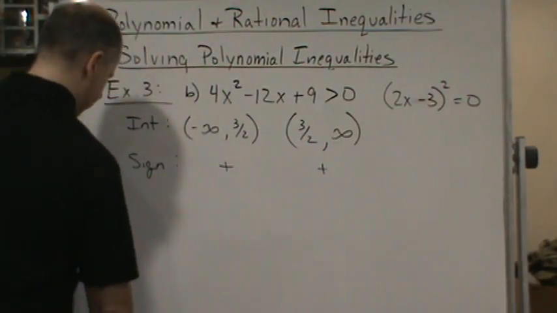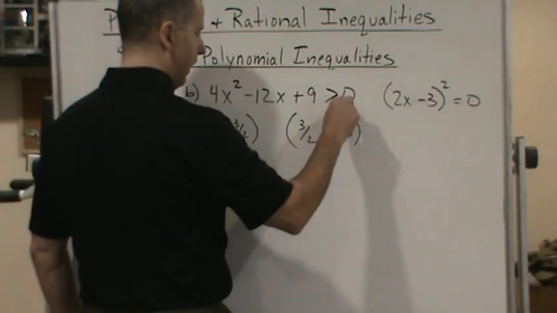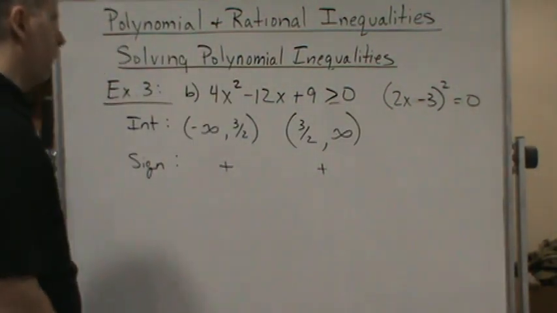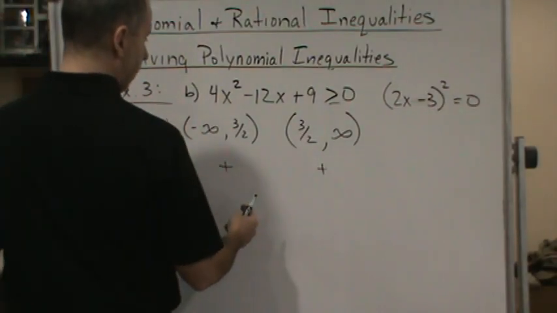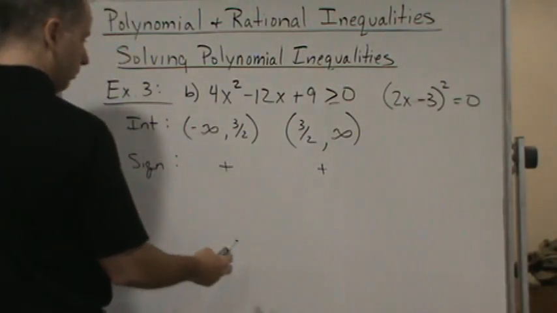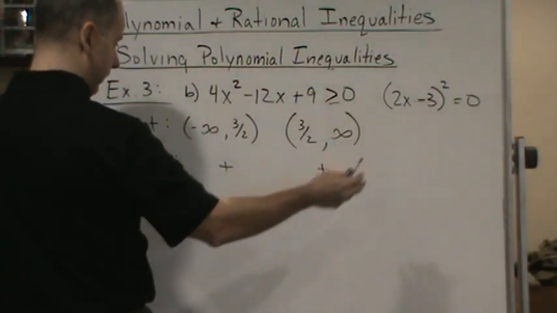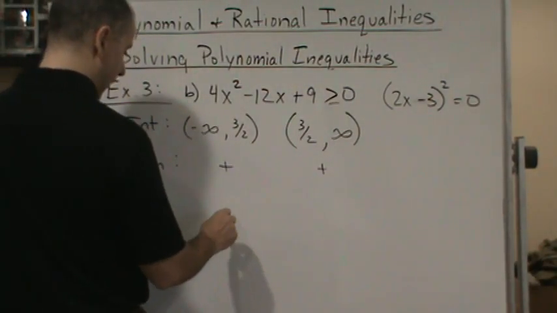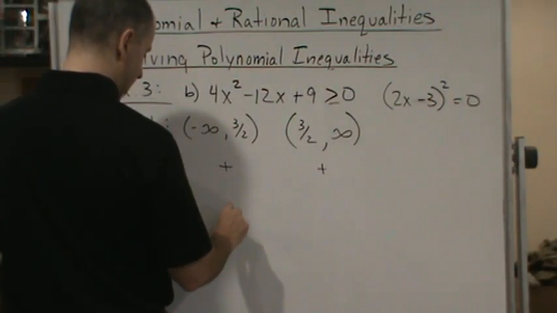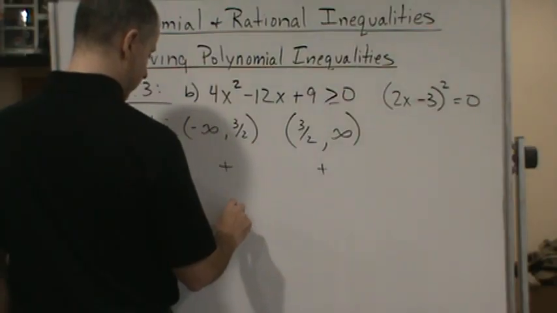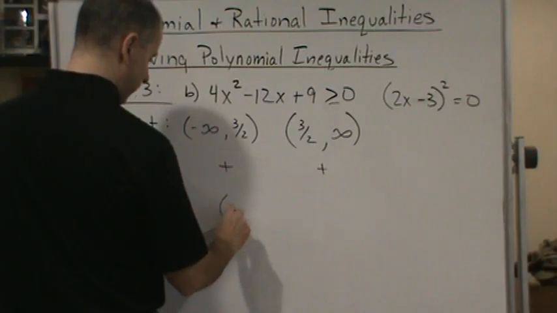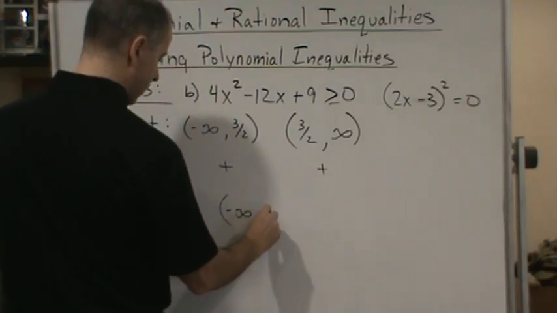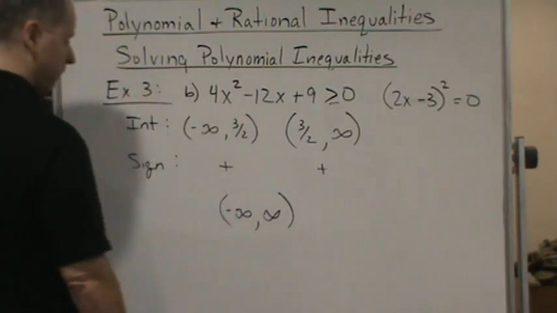Now, what if I had the equal sign here? In this case, it's all real numbers. It includes everything. So in interval notation, it'd just be negative infinity to positive infinity.